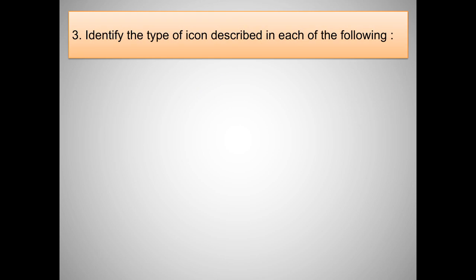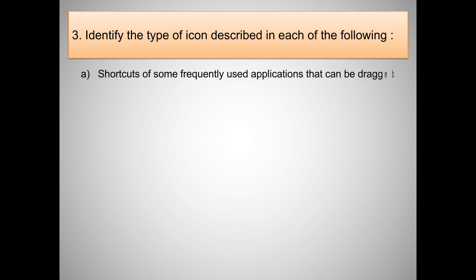That is, identify the types of icon described in each of the following. So you have to identify which icon it is. Shortcuts of some frequently used application that can be dragged from the desktop to the taskbar as icons.